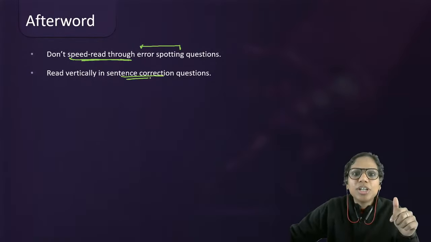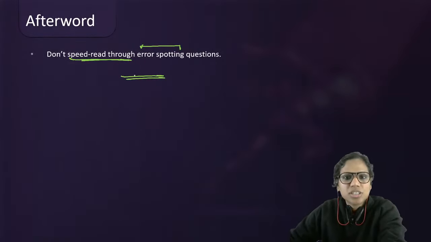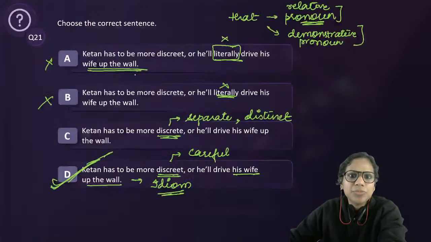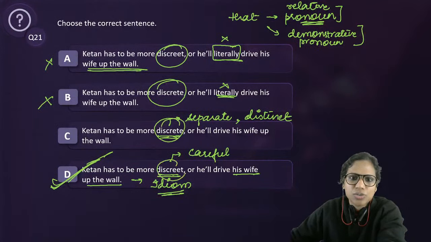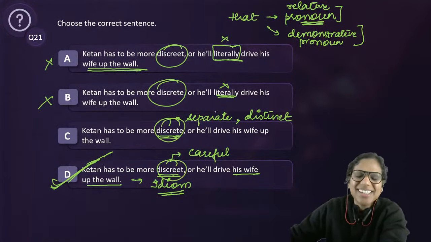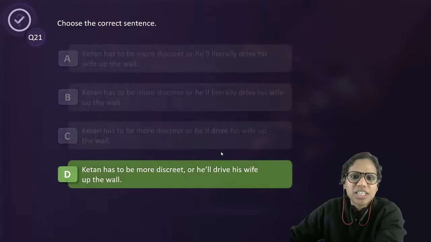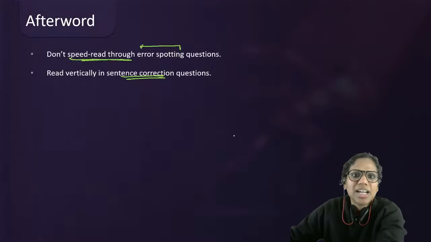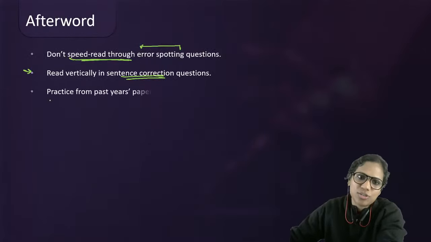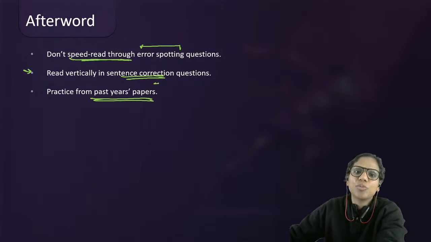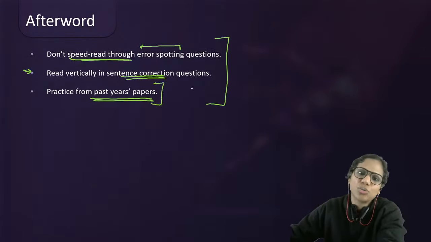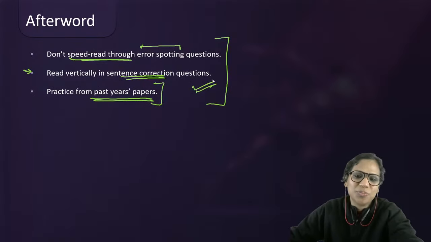Similarly, when you attempt sentence correction questions, so for instance, when we attempted this one here, just look vertically to spot the differences. Okay, so discrete, discrete, different. Literally, and here not literally, that's the difference. So spot the differences, read vertically. That helps. That saves time also. And do practice from your previous year papers. There is no better source to practice grammar questions from. Okay?